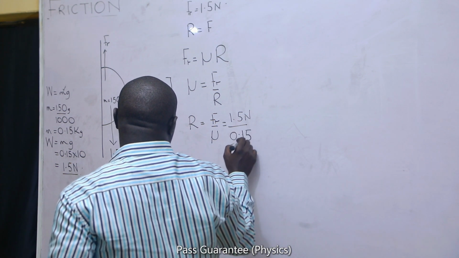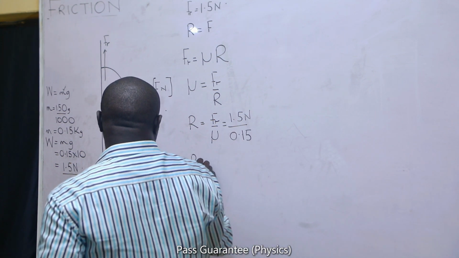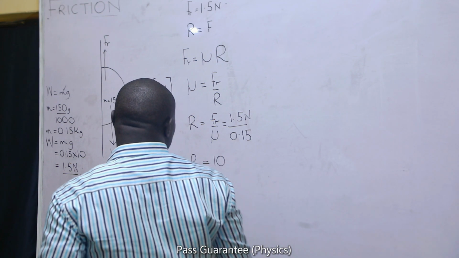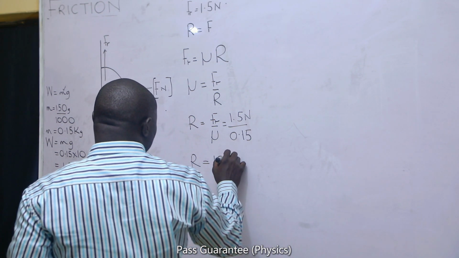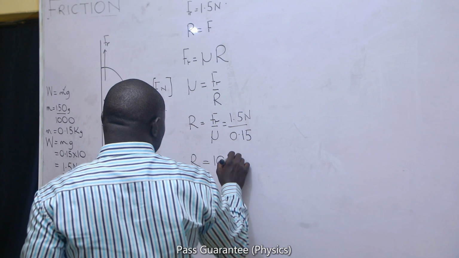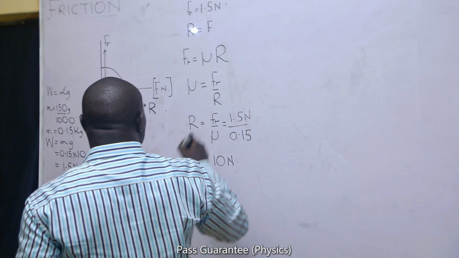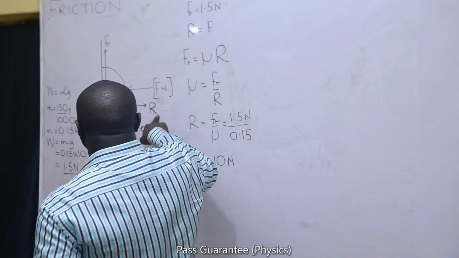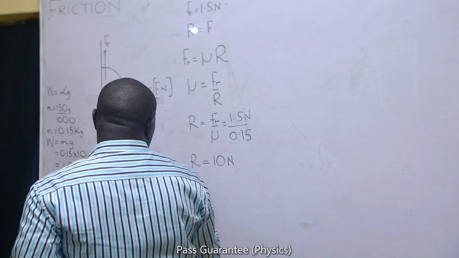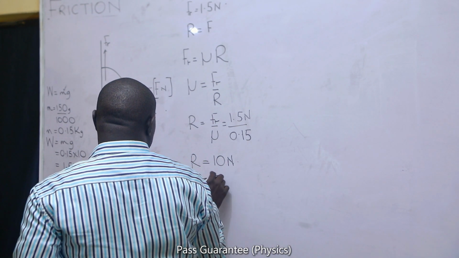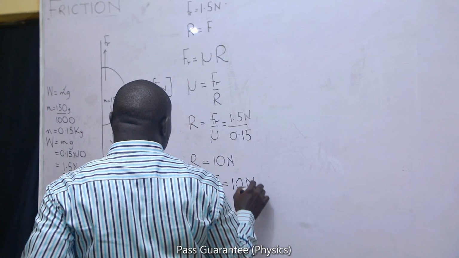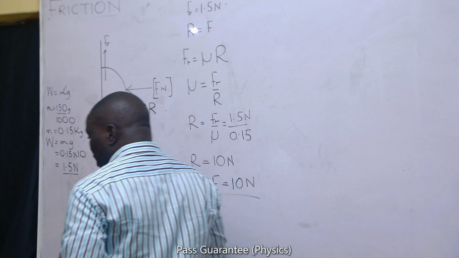If I divide 1.5 by 0.15, I will have a normal reaction that is equal to 10 Newton. So the normal reaction being 10 Newton, and we have already said that the normal reaction must be equal to F, it clearly means that the F that will hold this book in position must also be equal to 10 Newton.